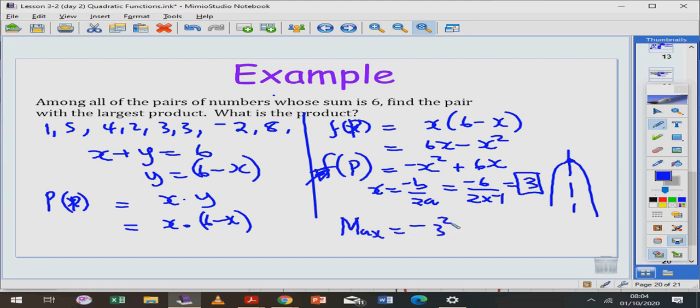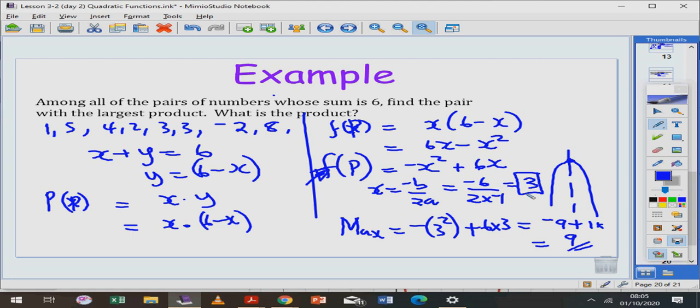If I want to know which values give me the maximum product, remember I found the x value to be 3. If the x value is 3, I just need to substitute it into the sum equation to find the y value. Take note, if you substitute that x value into the function of the product, it gives you the maximum value of the product.